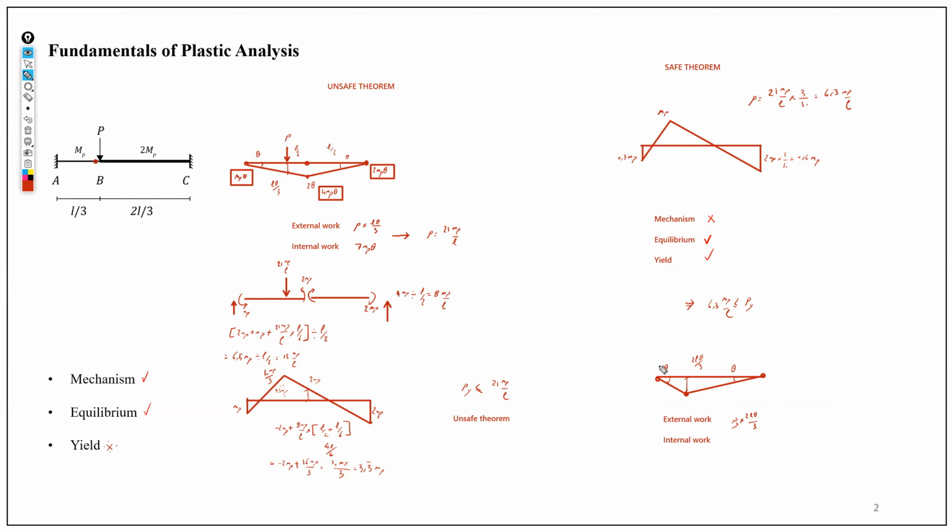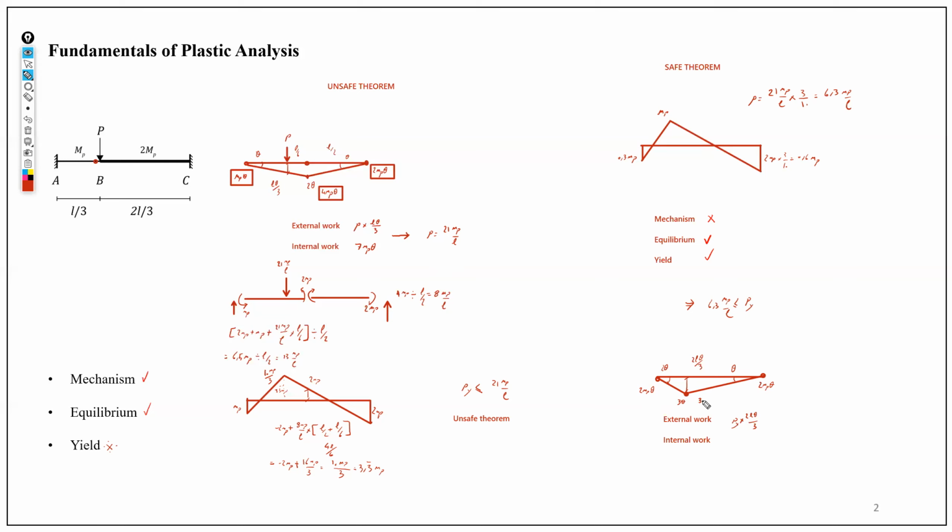We have theta, 2 theta, and here it will be 3 theta, and the work here, internal work at this plastic hinge, will be 2 MP theta. Here it will be again 2 MP theta, because the plastic moment is 2 MP and the rotation is theta. Here it will be 3 MP theta.